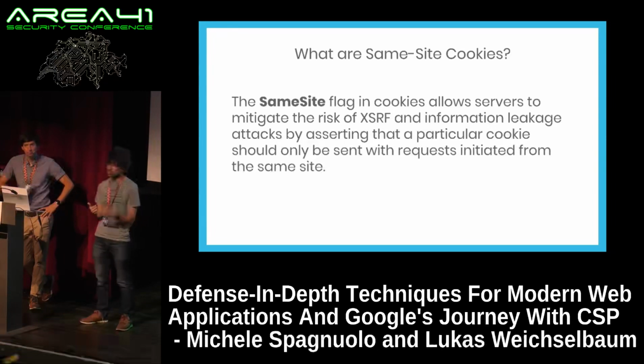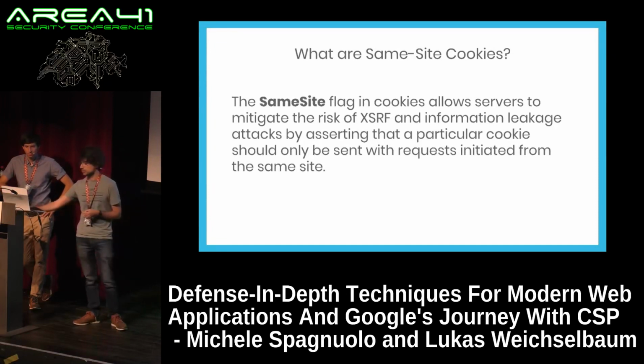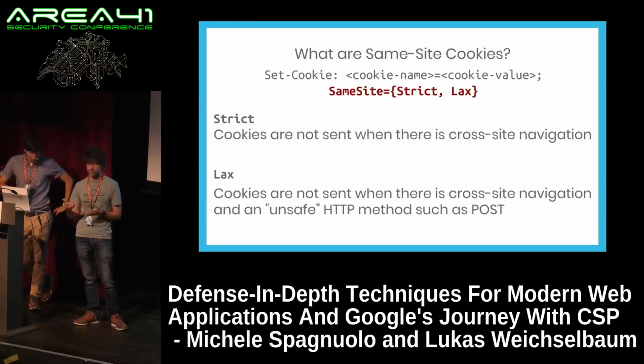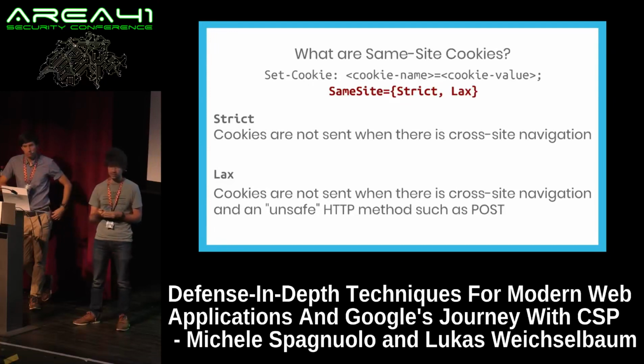The idea is, what if cookies are not sent if the request is initiated from another origin, from another site? So the SameSite flag in a cookie can have two values, strict and lax. Strict says that cookies are not sent when there is cross-site navigation.